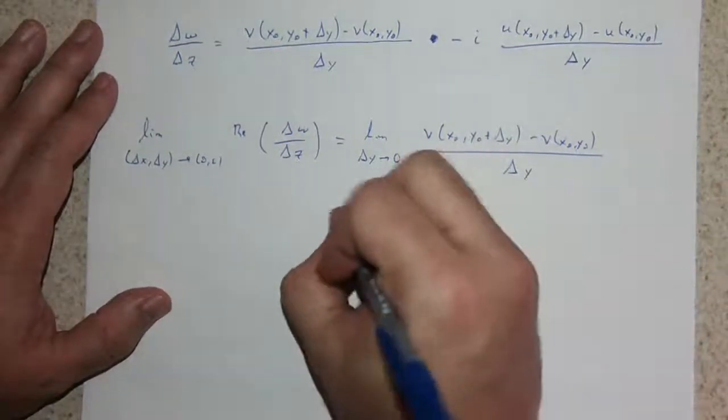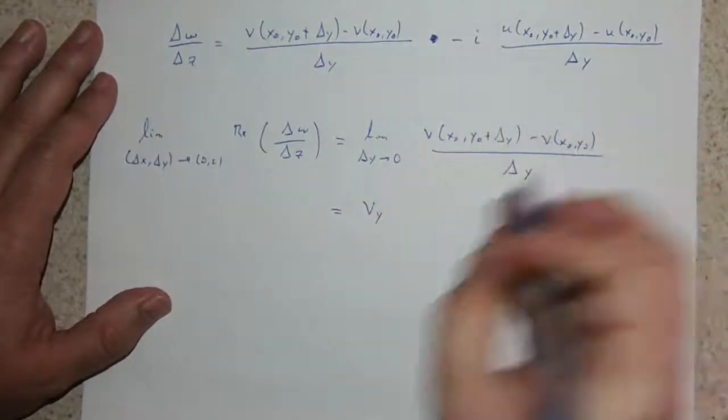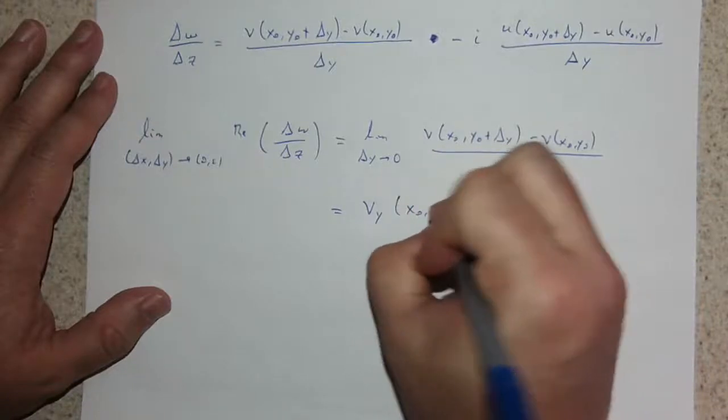What is this? Well, this is exactly the y partial of v at x naught y naught.